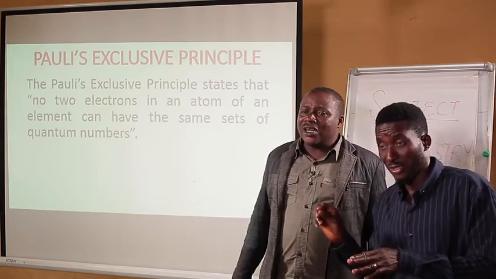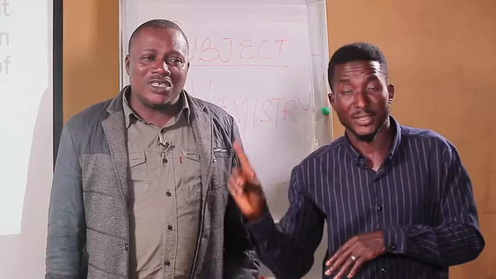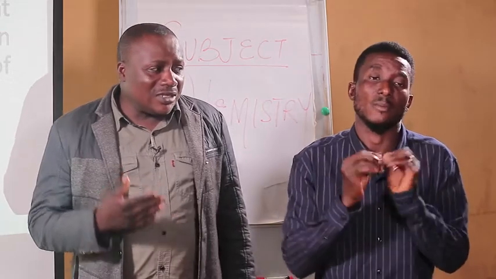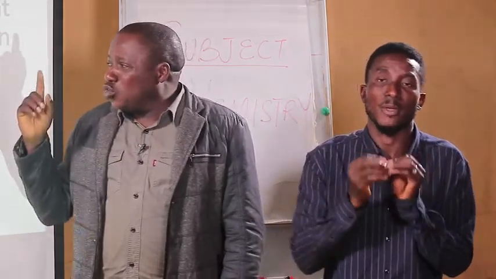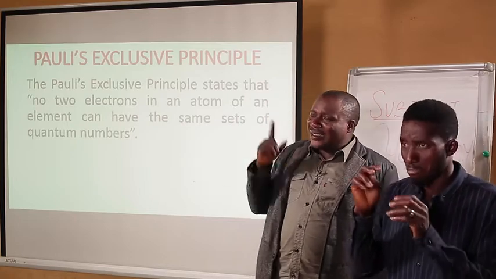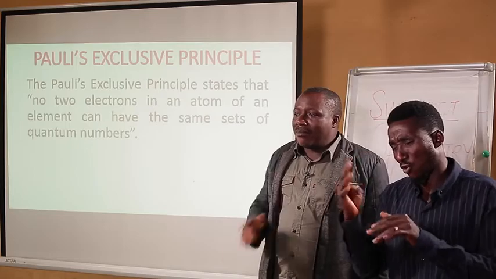Another name for azimuthal is subsidiary, so don't get confused if they talk about the subsidiary quantum number instead of the azimuthal quantum number. There is no magic whatsoever that 2 electrons will have the same set of 4 quantum numbers.